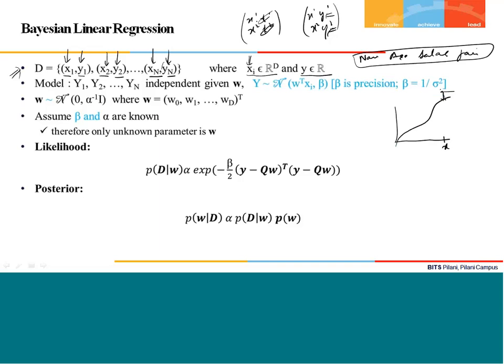We assumed that the hypothesis plus noise is Gaussianly distributed. The noise is drawn from a Gaussian distribution with mean 0 and variance sigma squared.